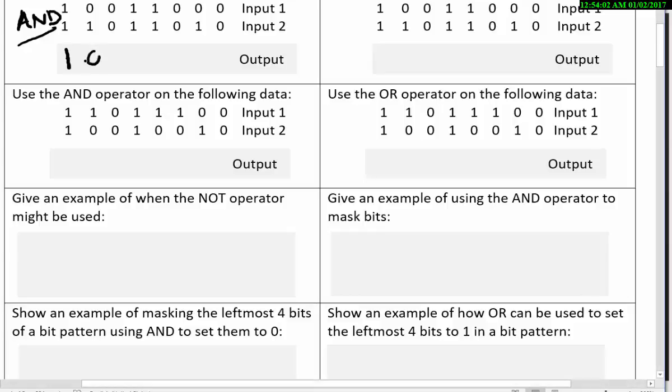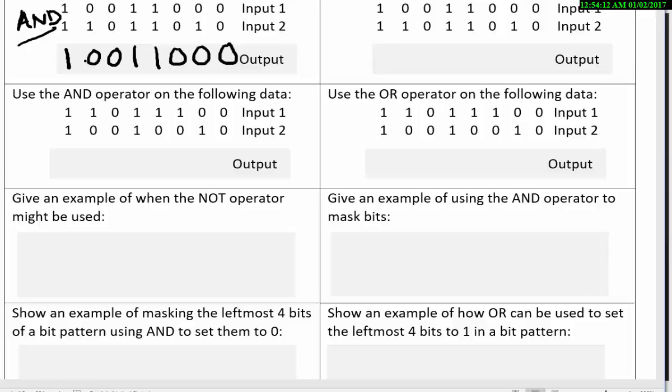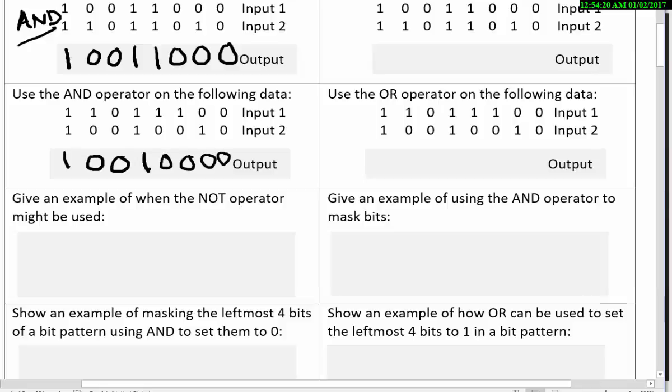So 1, 0, 0, 1, 1, 0, 0, 0 when you've ANDed these two values together. Again, I'll do this one. So that's 1, 0, 0, 1, both have to be true. 0, 0, 0, 0. That's the answer to that one.